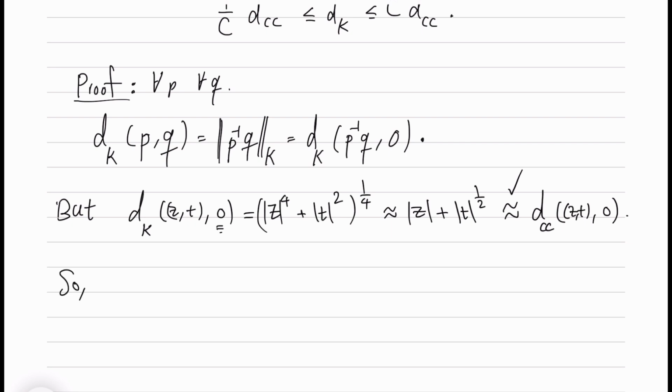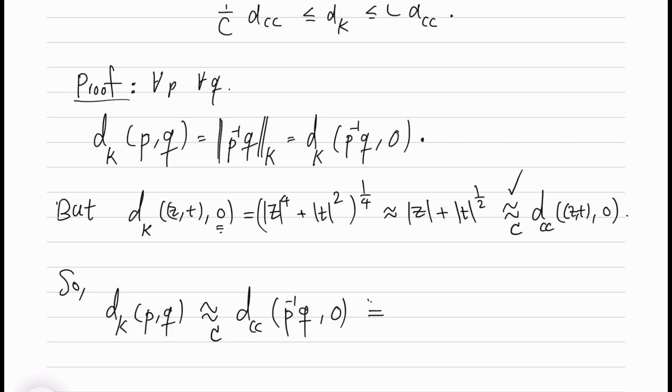So dk of P and Q from the first line will be, with the same constant, if this constant is c, exactly the same constant here, comparable to dcc of P inverse Q to 0.